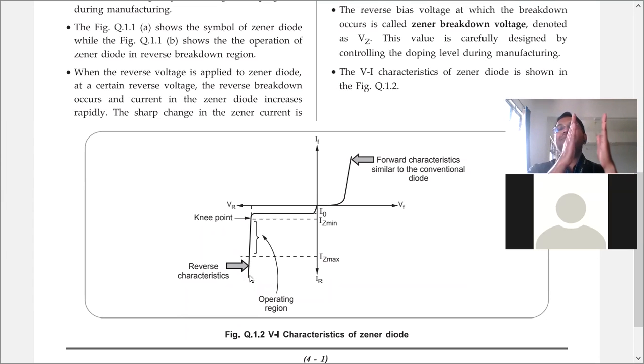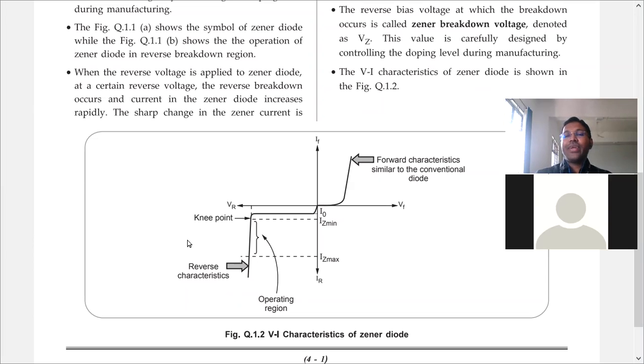And the width of the depletion region will decide at what voltage the Zener diode will break down. I repeat again, the width of the depletion region will decide at what voltage the Zener diode will break down. Doping will decide the width of the depletion region.